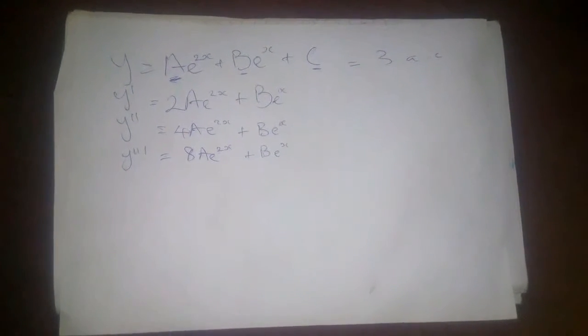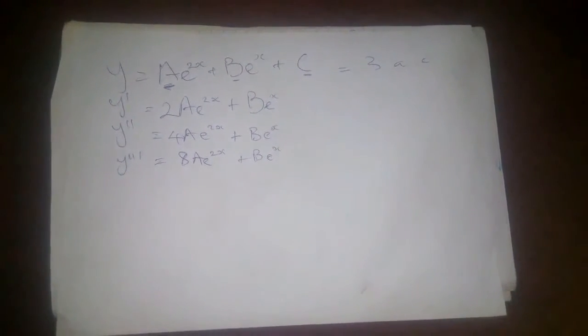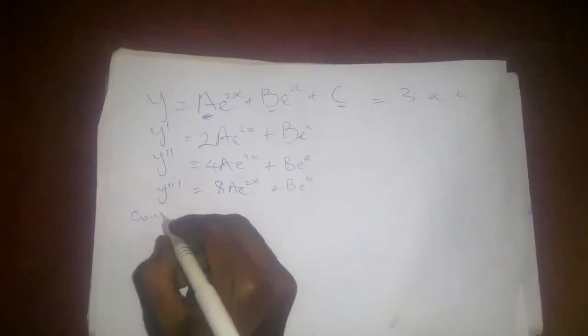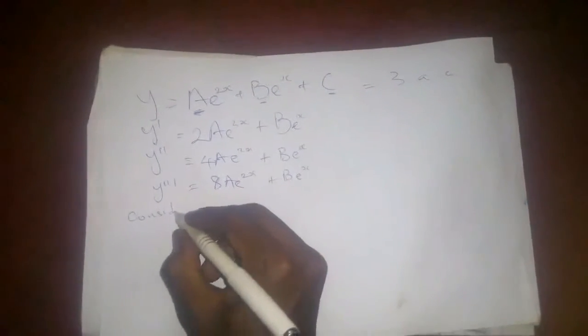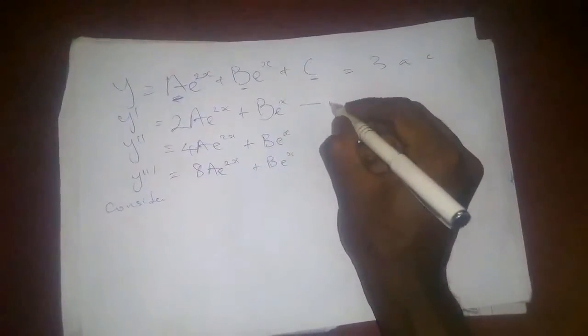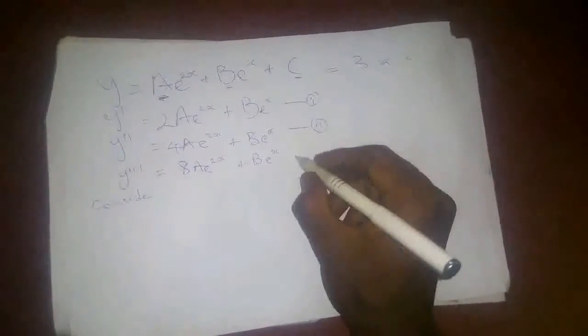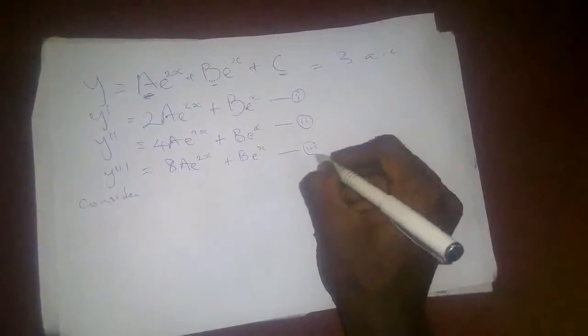Now when it comes to eliminating all the constants, first of all, let's do it. Let's call this equation 1, let's call this equation 2, and let's call this equation 3.